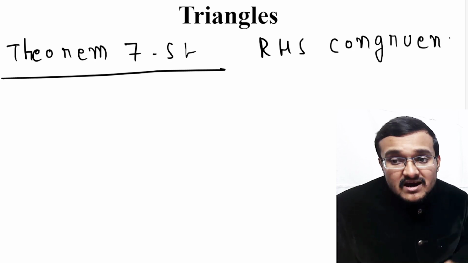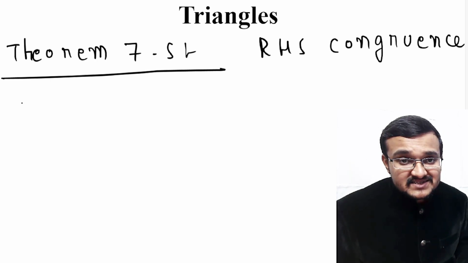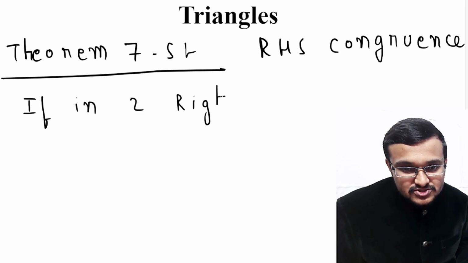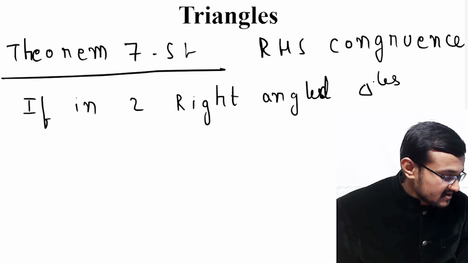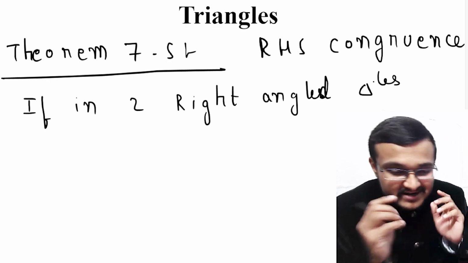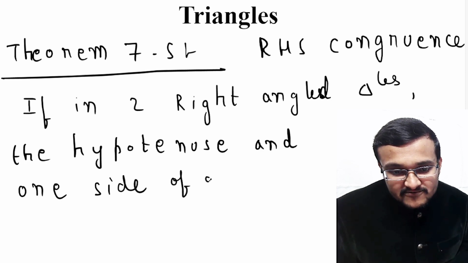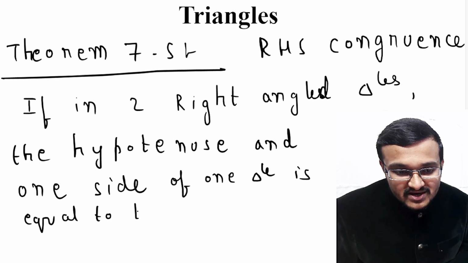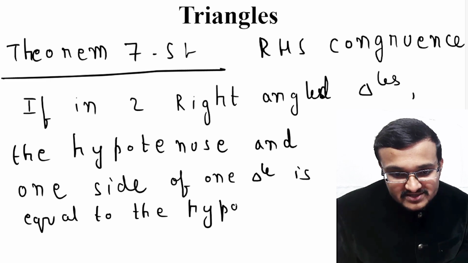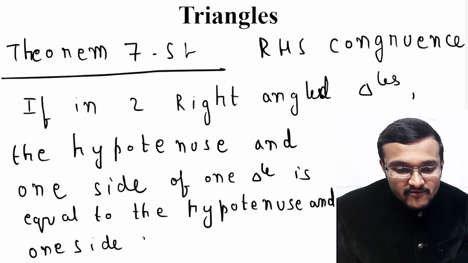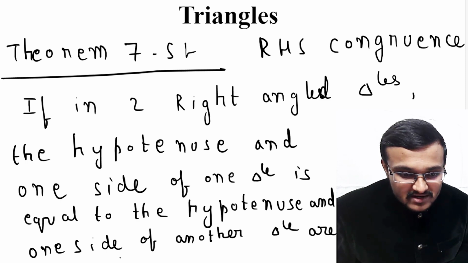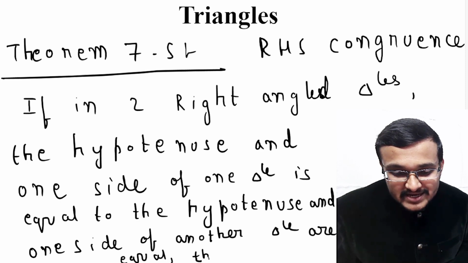What the RHS theorem states is that if in two right angled triangles the hypotenuse and one side of one triangle are equal to the hypotenuse and one side of the other triangle, then those two triangles are congruent.